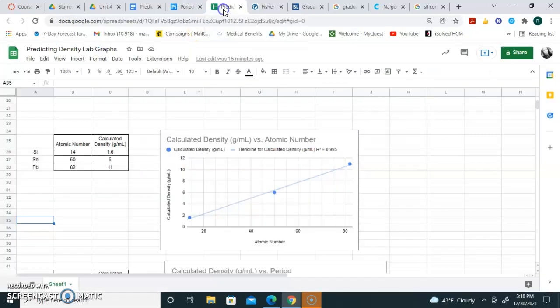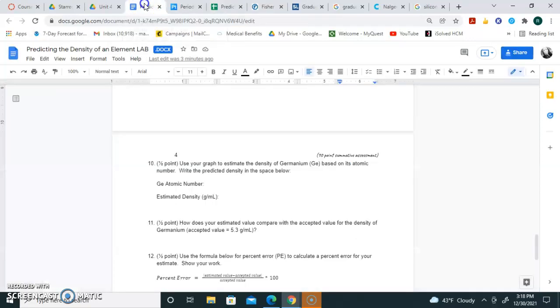So if I go back to my graph and I look up on my graph atomic number 32, well, atomic number 30 is right about here, so 32 is maybe right around here. What density would I predict for germanium? Well, if I go up until I hit my trend line, the density I would predict would be around 4 based on my data. I would predict a density of 4 for germanium. I'm going to put that right here under estimated density.